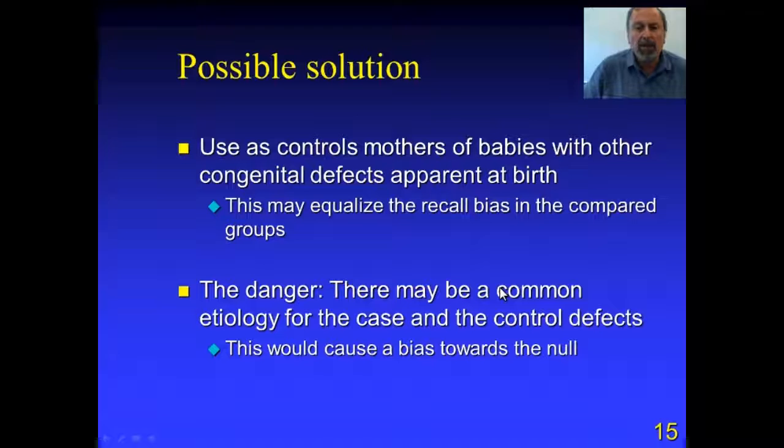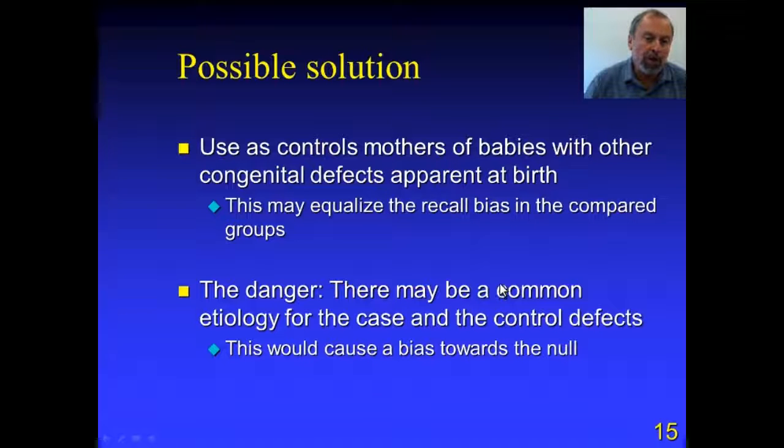The danger is that there could be some sort of common etiology. It could be that, say, infections caused some of the other birth defects being used as the control birth defects. So that is a danger. It's a bit like the other cancers situation, using other cancer controls in a cancer case control study.